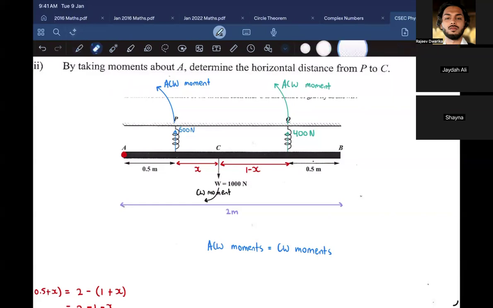So Jada, if we're treating this as a pivot, we have a force here of 600 newtons, and what distance is it away from the pivot? Could you repeat that, please? All right, so this is the pivot, and this is the force we are considering.